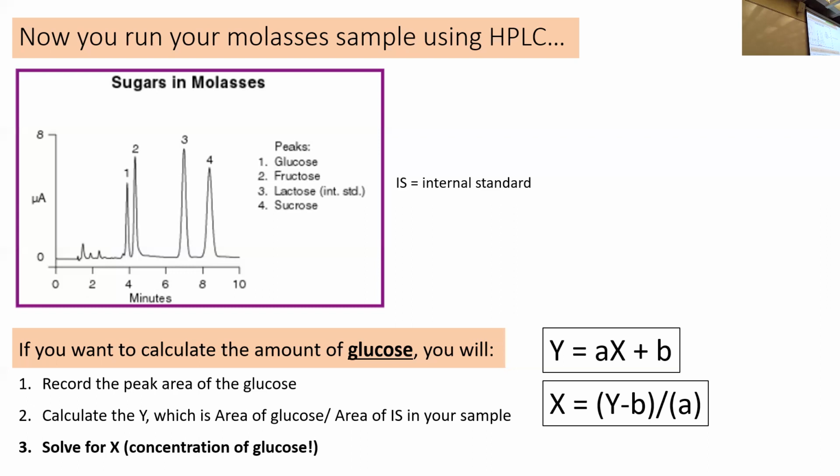But in every sample, you might have different loss happening, when you're running molasses replicates or looking at different sources of molasses, because there is experimental error that is going to be different in every sample. That's why within each sample, you need to correct for that. Makes sense? Yeah.